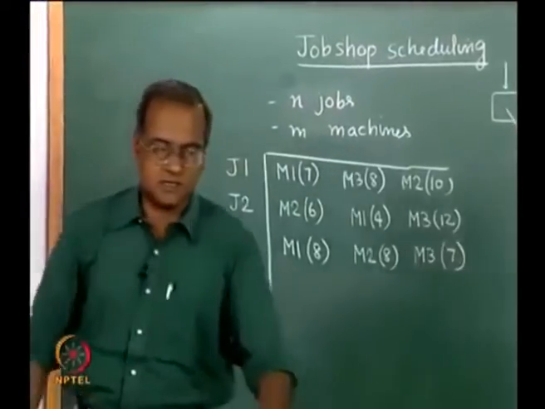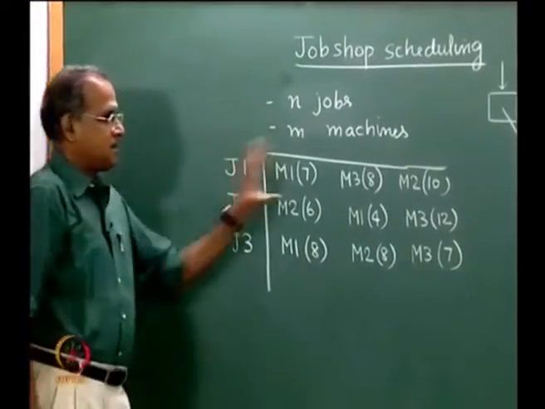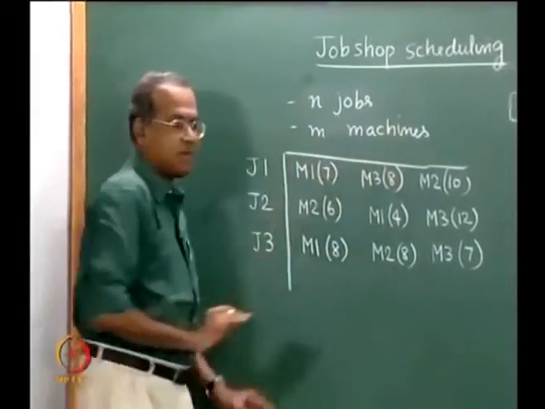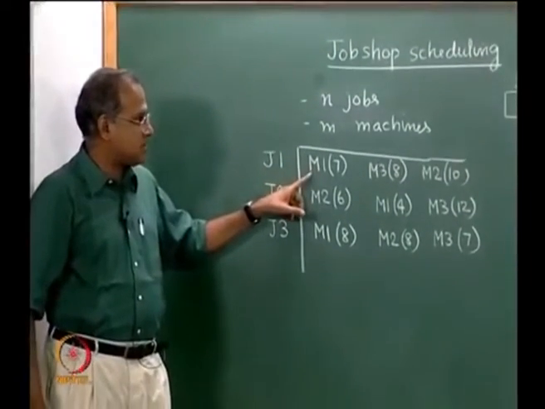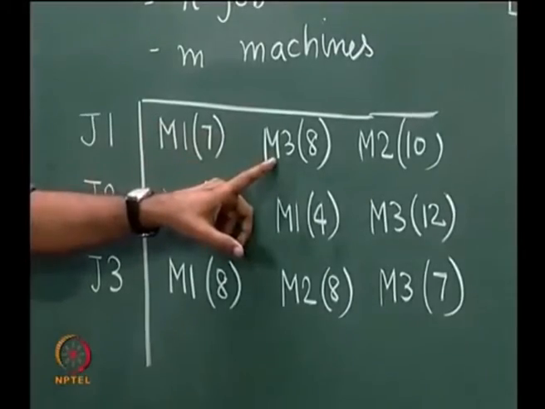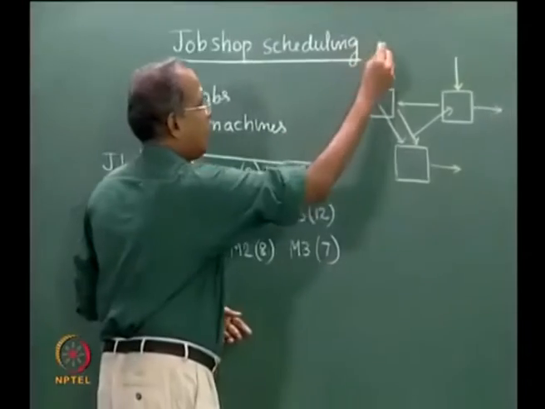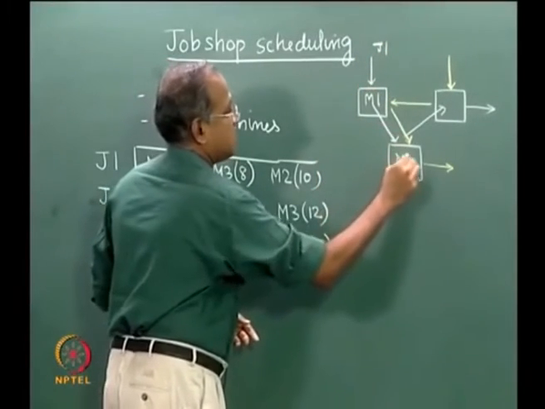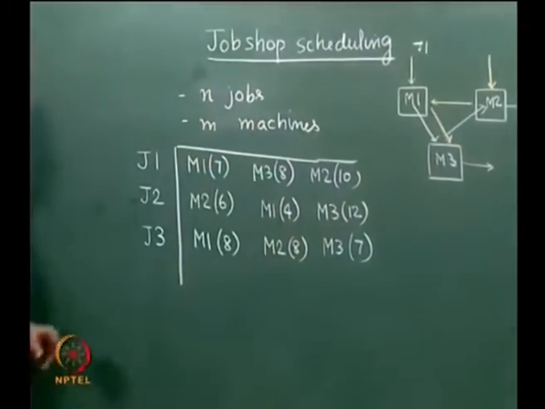Each job has its own pre-specified route, which means job 1 will first visit machine 1, then visit machine 3 and then visit machine 2. It is like job 1 first visits machine 1, then machine 3, then machine 2 and goes out.